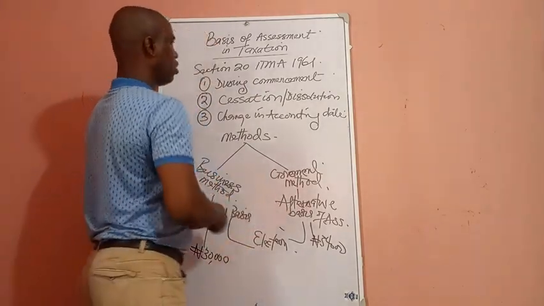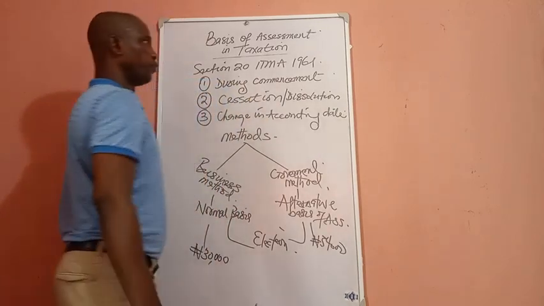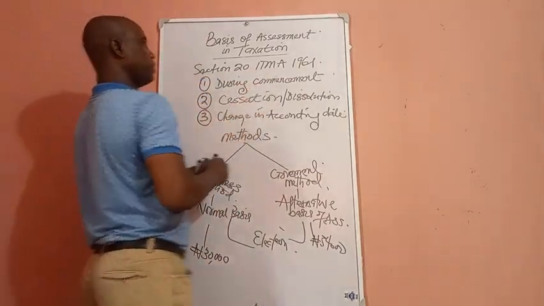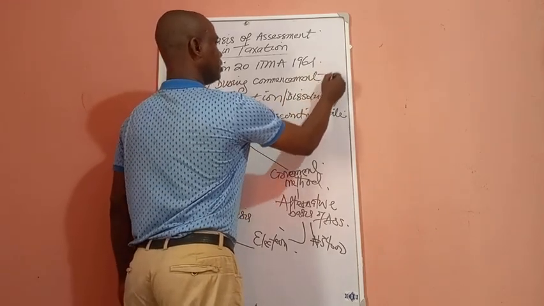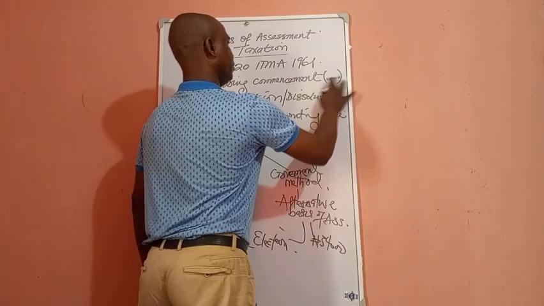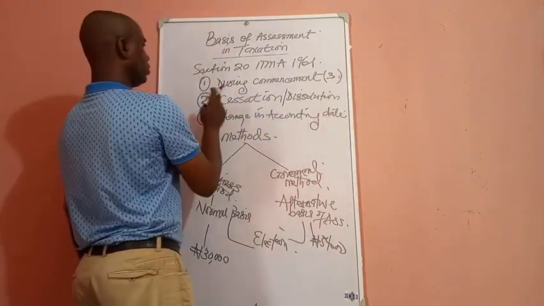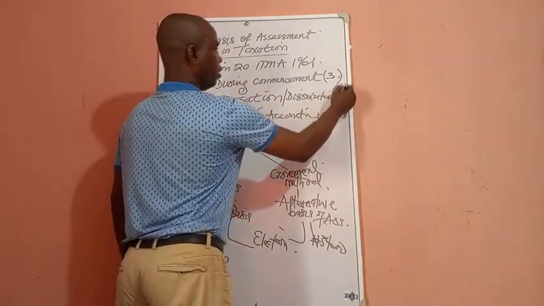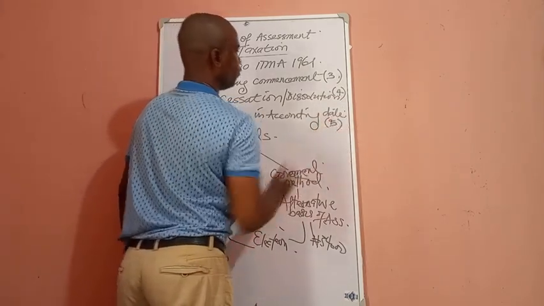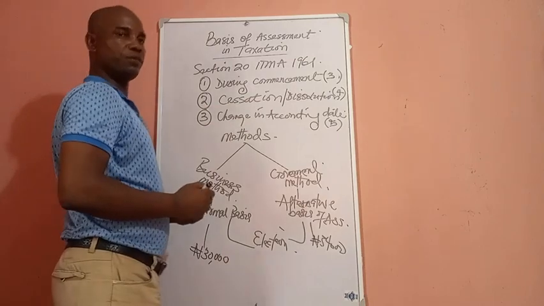So I'm going to take you back to this section 20 of ITMA 1961. Now, as the name goes, commencement is in subsection 20, subsection 3. Then cessation is under subsection 4, and then change in accounting date is in subsection 5 of Income Tax Management Act.